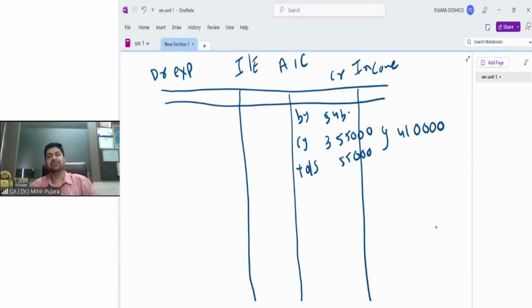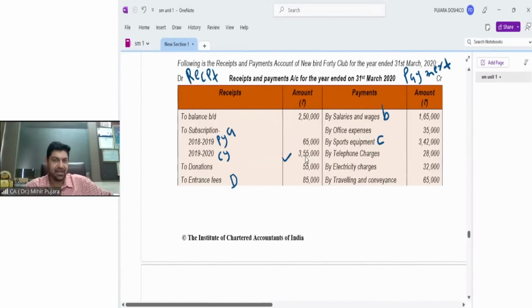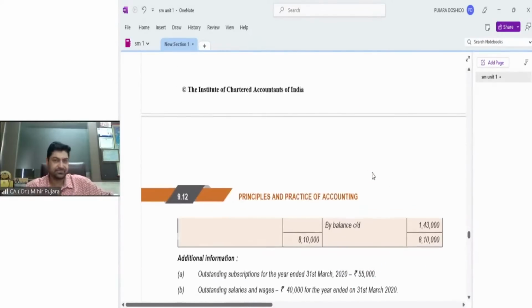So the amount is 410. You can ignore last year, the 65 you can directly ignore. Current year plus outstanding 55. 355 plus 55, 410. Okay.